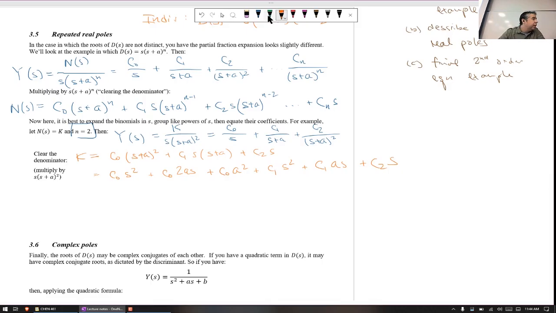So for example, I have a C0 times s squared there, and I have a C1 times s squared there.